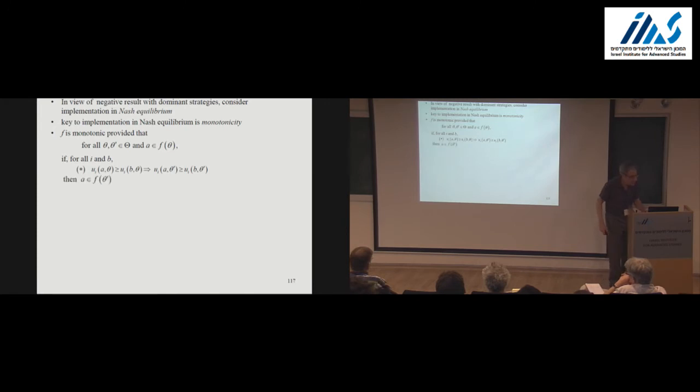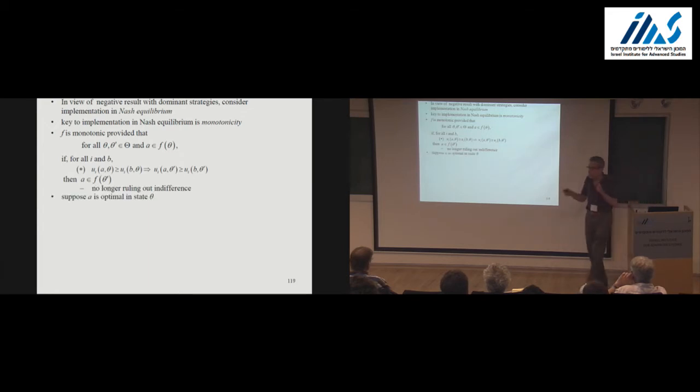Then monotonicity says that A should be optimal with respect to the state theta prime, because it hasn't fallen in anybody's preference ordering relative to any other outcome.